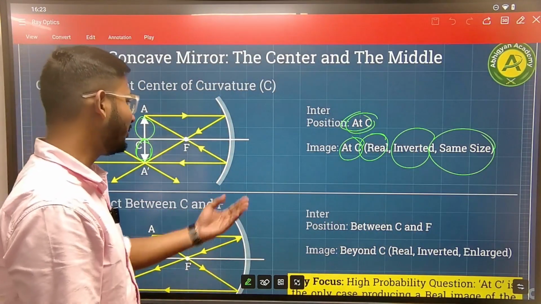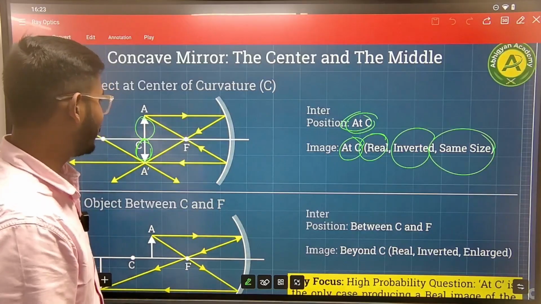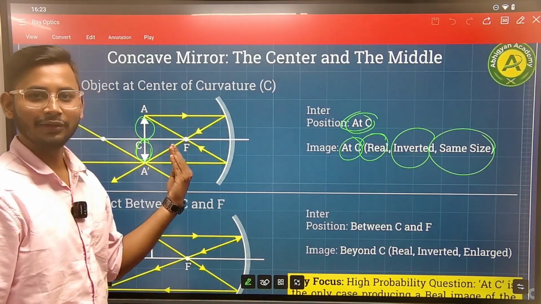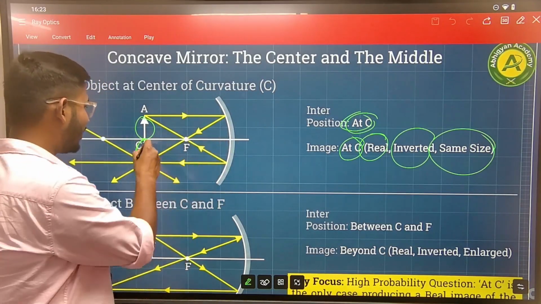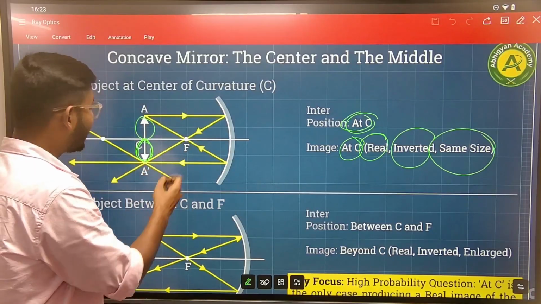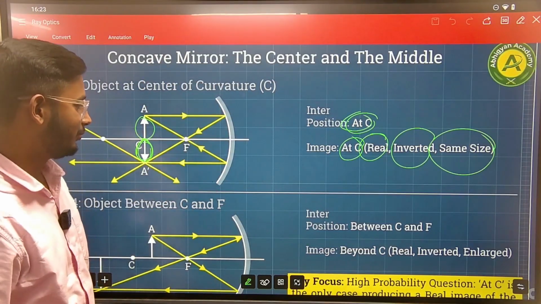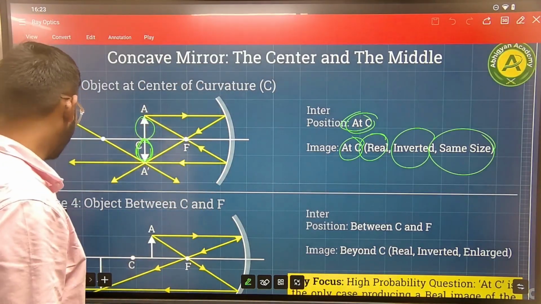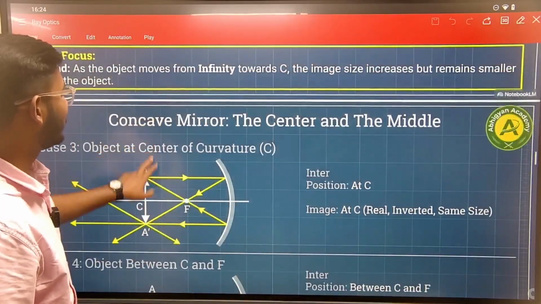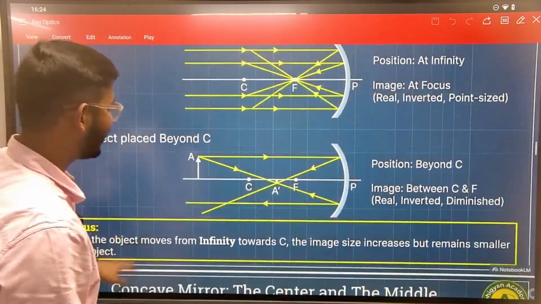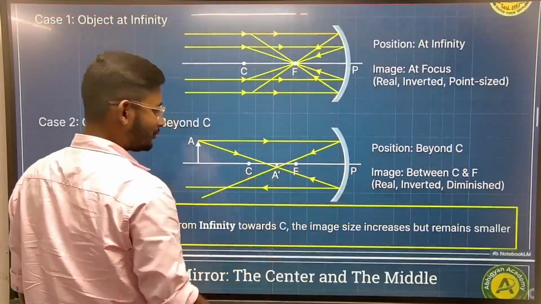And the images which are formed in front of the mirror, since the image is formed in front of the mirror here, in case 2 also, the image is formed here.